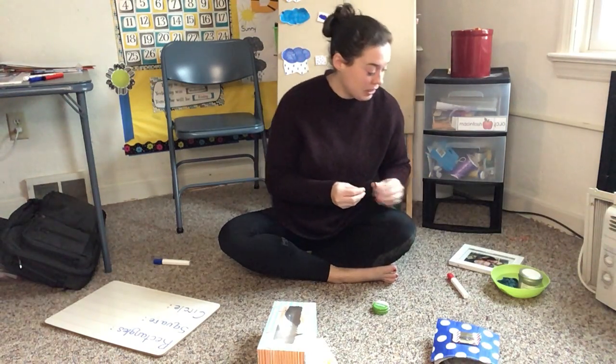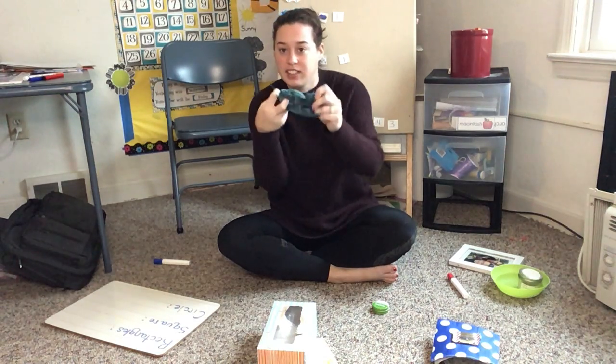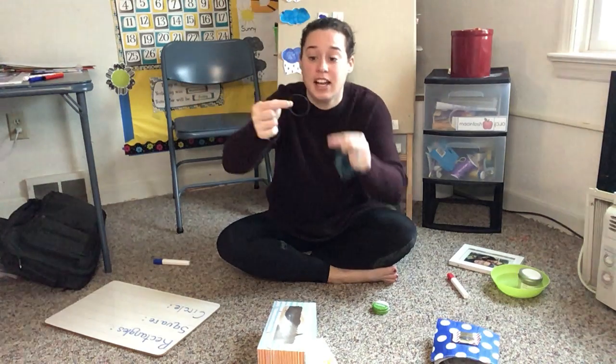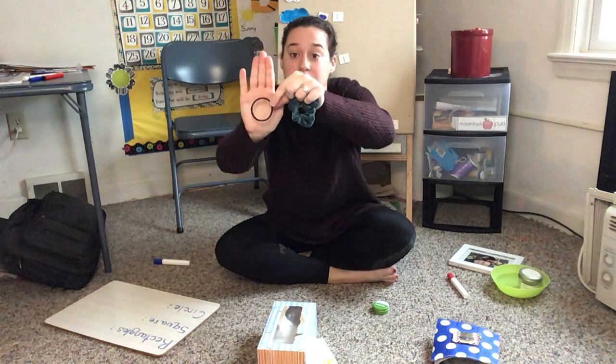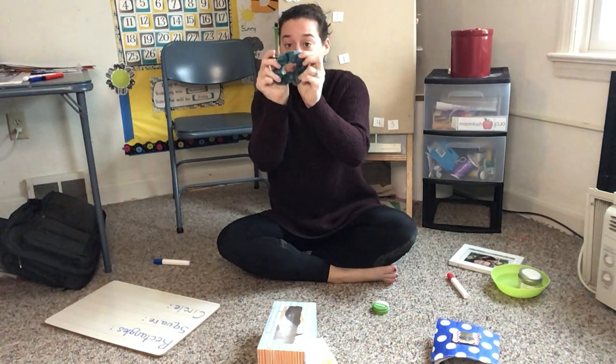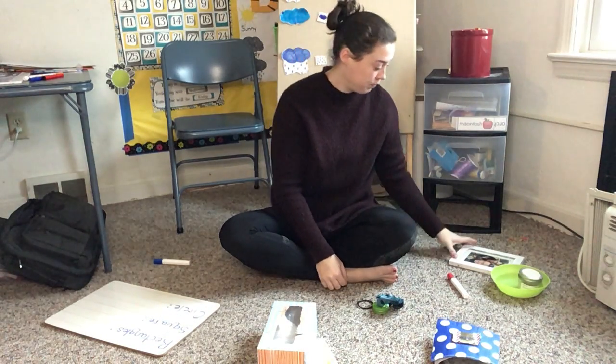My next object, I have two of the same, so I'm going to hold them both up. This is a funky looking circle, but it's a hair tie, okay? And I have this hair tie, okay? That's a perfect circle. So I have two hair ties, but they both are circles. This is a little funky. So I'm going to put them in my circle group.